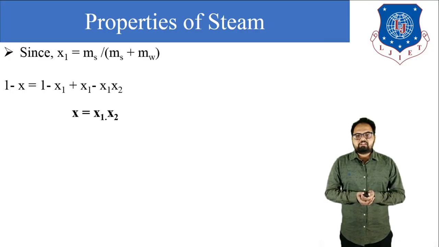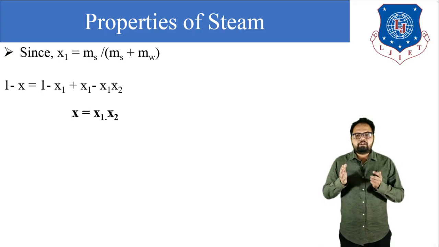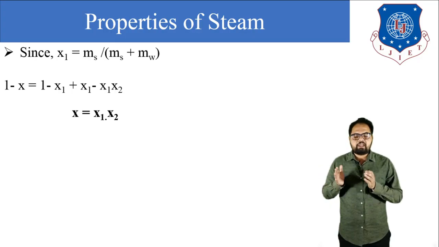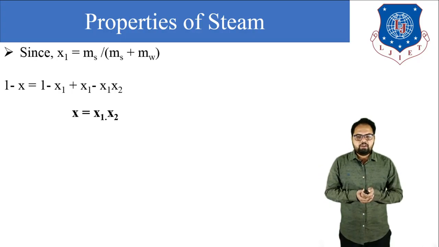By solving this equation, we get x is equal to x1 into x2. That means the final dryness fraction of the steam will be the multiplication of the dryness fraction measured by the separating calorimeter and the dryness fraction measured by the throttling calorimeter.